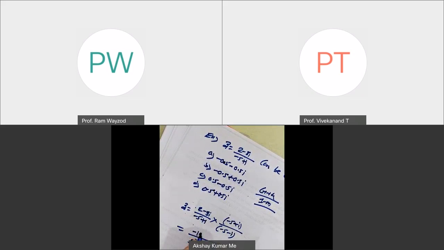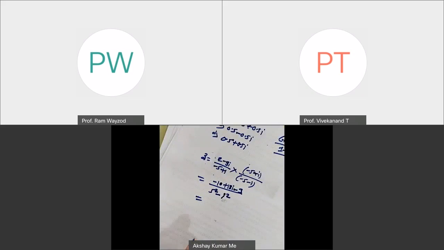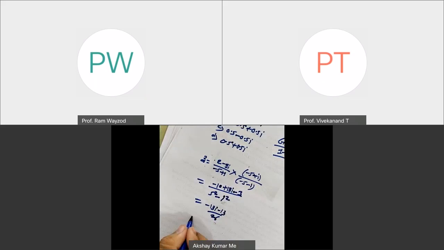After calculation, minus 10 plus 13i minus 3, this one. So we get minus 39 minus 13i upon 26. Taking 13 outside, minus 1 upon 2.